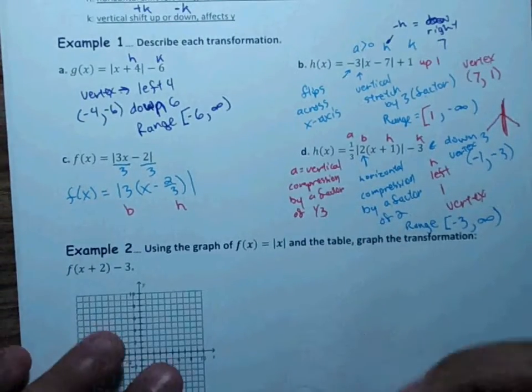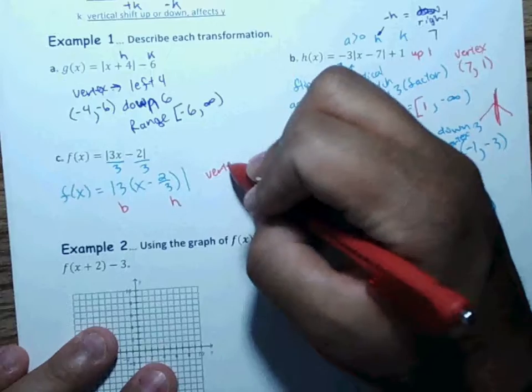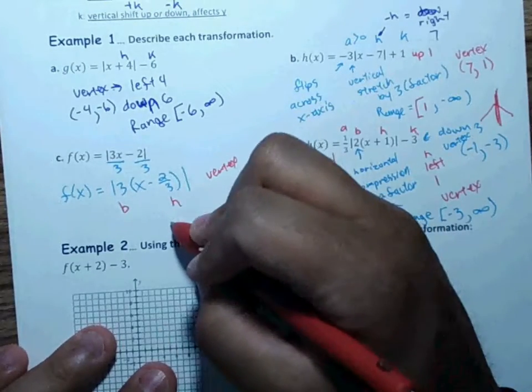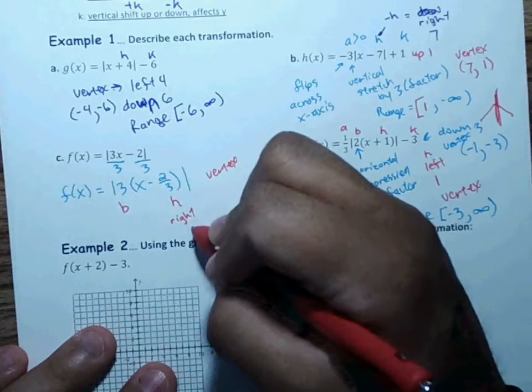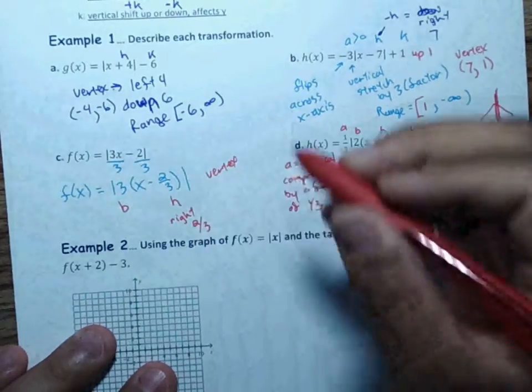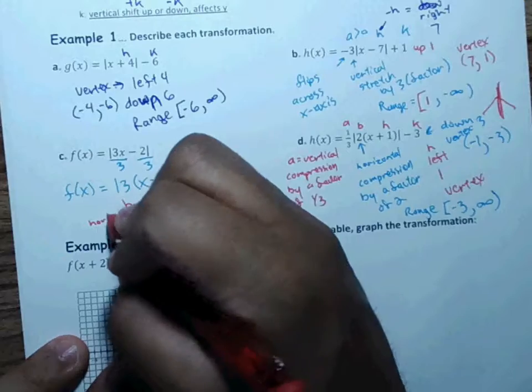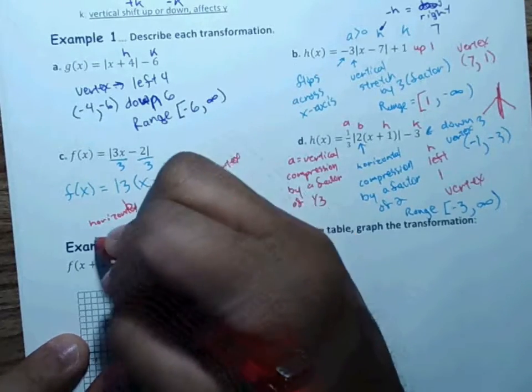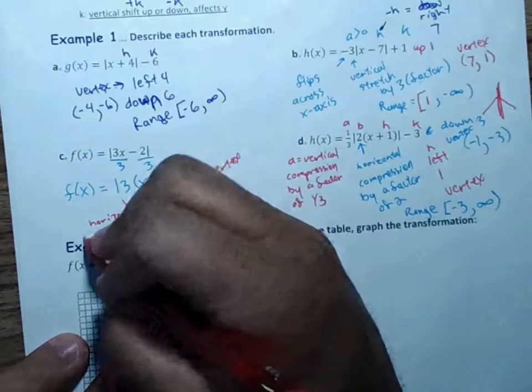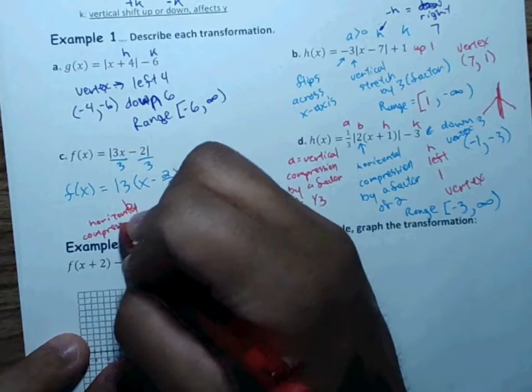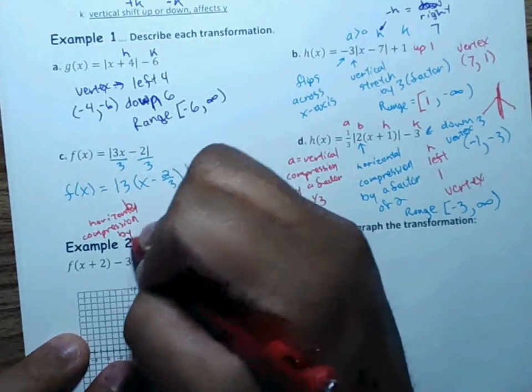So I know that my vertex moved to the right 2/3, and then the B means that I have a horizontal compression by 3.